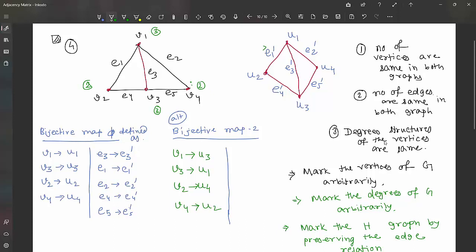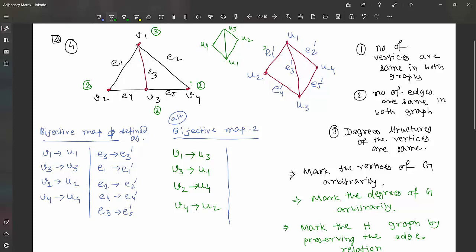Now see, this is your new graph. That means in the new graph, your figure is like this. So here V1 goes to U3, V2 goes to U4, and this is U2.